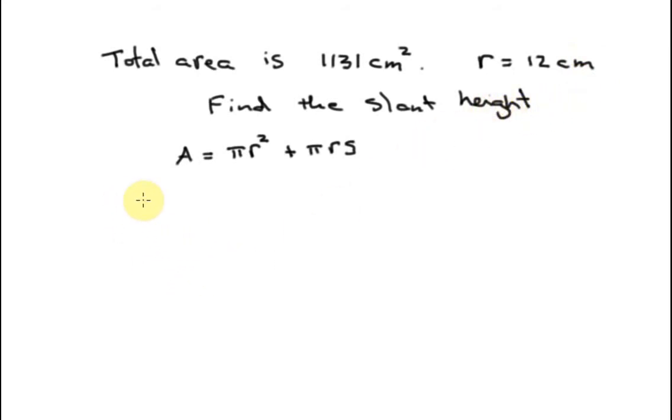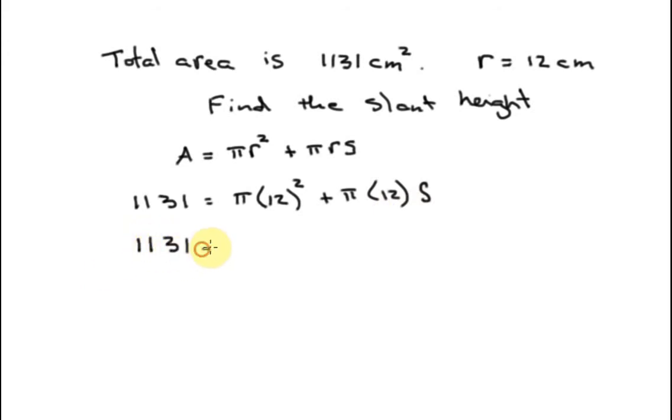So let's put all the given information into the question now. So there's my total area. I want to keep the base circle, and I know the radius is 12, plus pi times that base radius times the slant height. So how do I solve this for s? Because that's the one and only unknown.